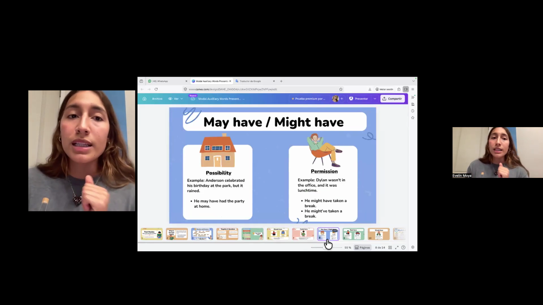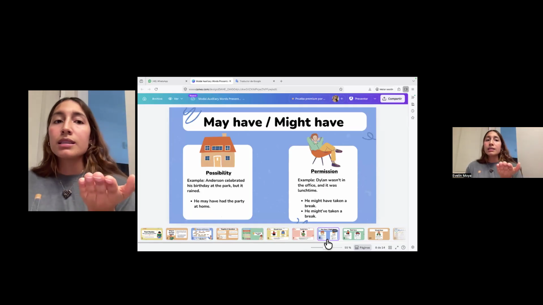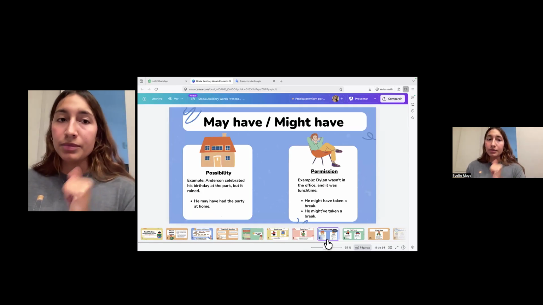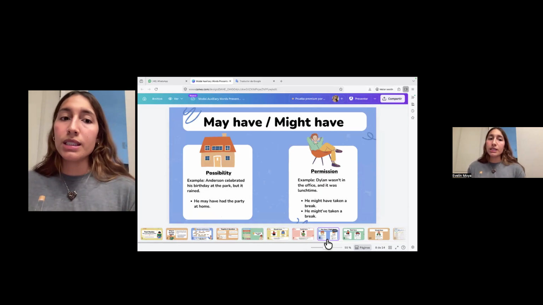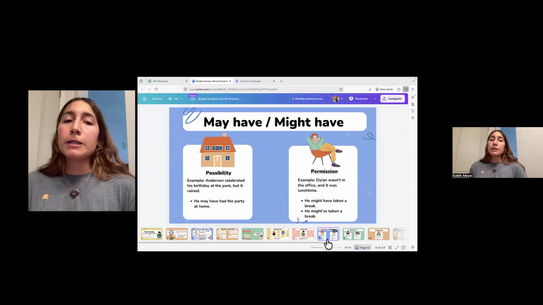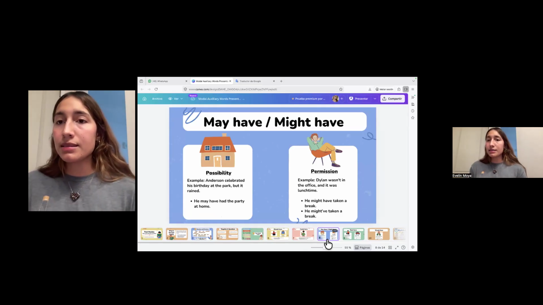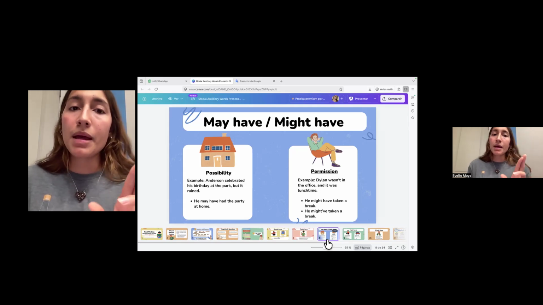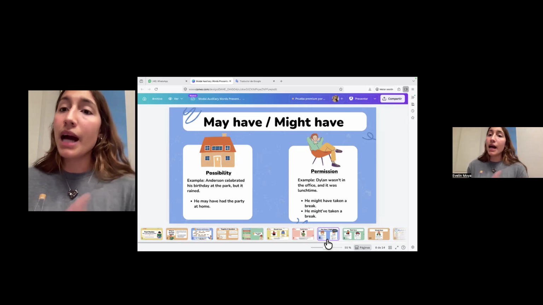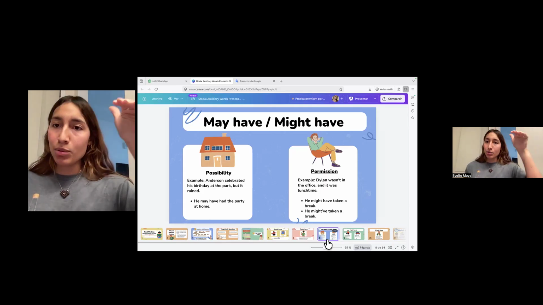So now we're going to analyze might have and may have. The difference between these two is that both express a possibility, but may have expresses a high possibility.